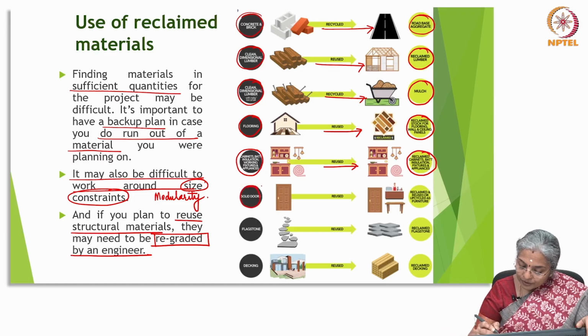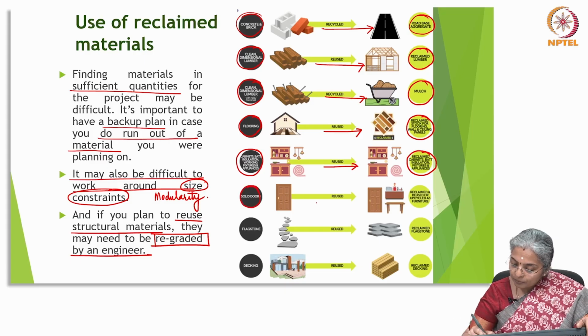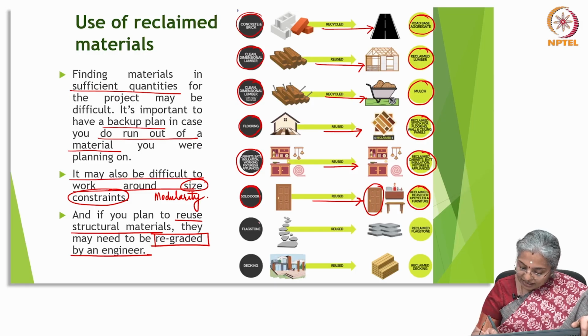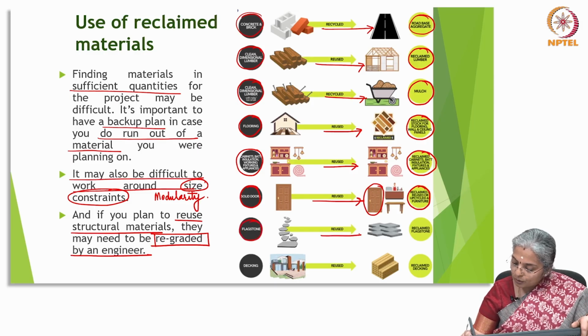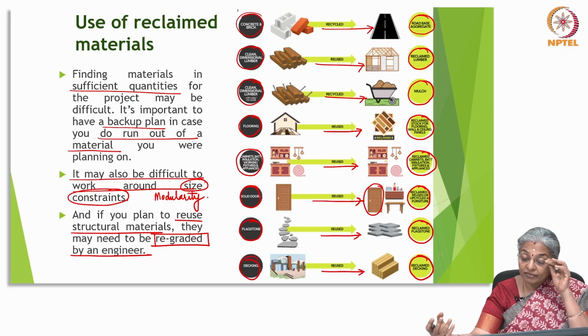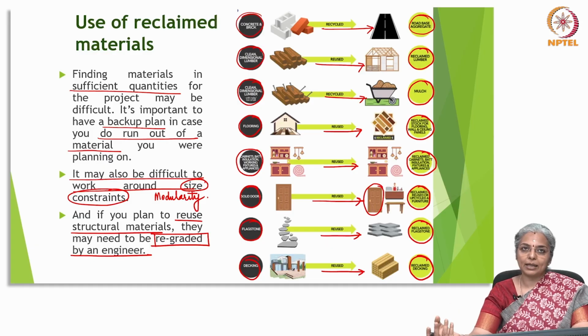A solid door can be reused either as a solid door, or we can reuse it for furniture and upcycling. Things like flagstone can be reused and reclaimed as flagstone, and decking material can be reused as reclaimed decking material, or probably even as engineered timber.